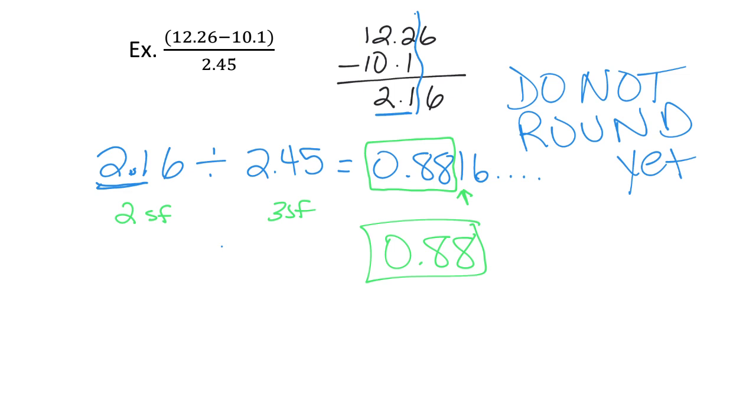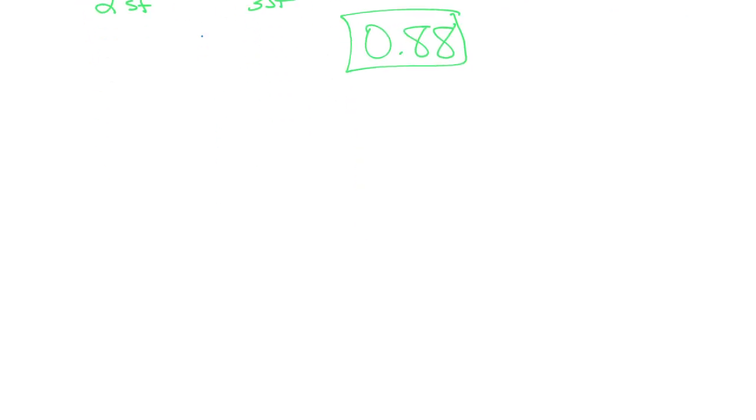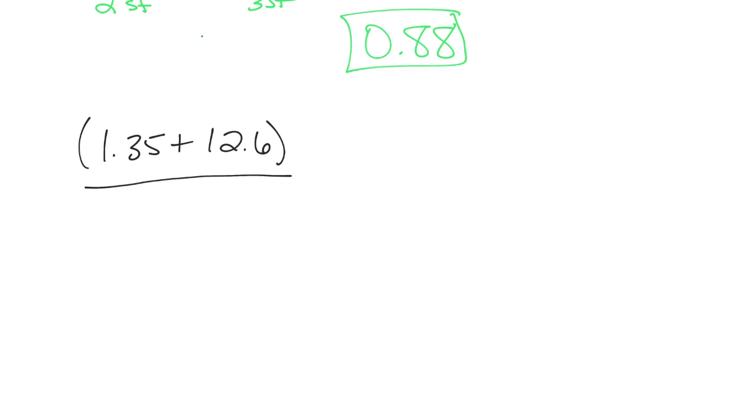Hopefully that helps. Now let's try one more. Let's try one that's even a little bit harder. So let me move this up. Okay, let's try another one. We have 1.35 plus 12.6, divided by 5.0, plus 19.